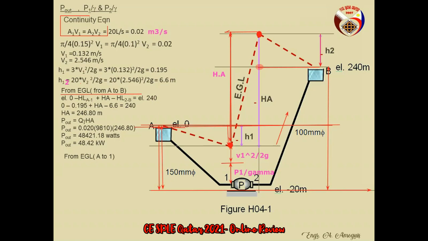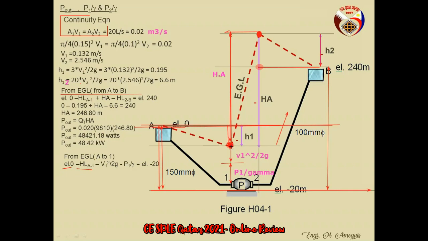It's up to you. Ang sagot, parehas lang naman. Alright? So, halimbawa, I have here, elevation 0 minus head loss 1. Saan yan? Yung elevation 0 minus head loss 1 is, ito yon, nandito.